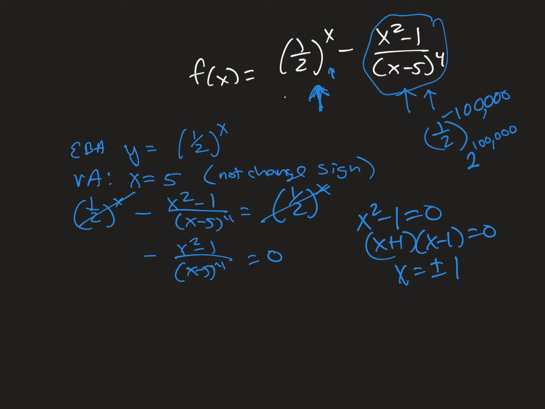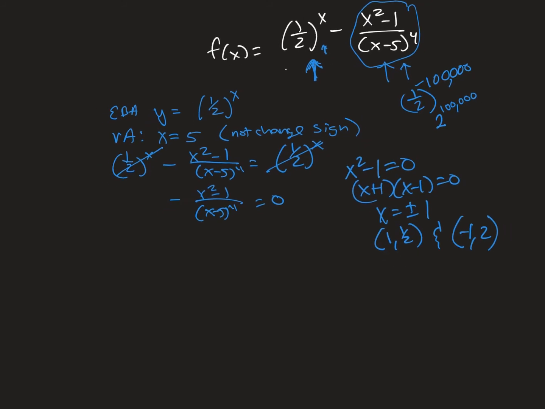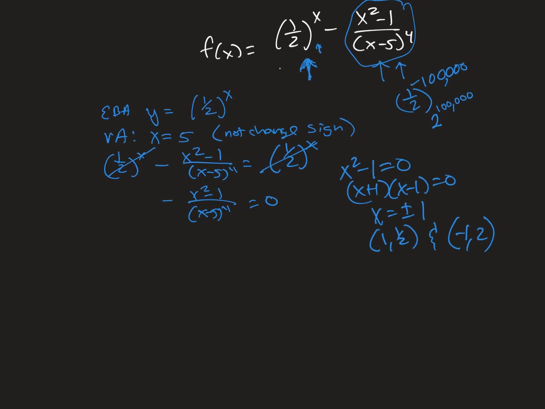All right, and let's just find the whole point. So when I plug in 1, and all I have to do is plug it in, since that's where it's crossing the EBA, I can just plug it into the EBA. When I plug in 1 to 1/2 to the x, it's just 1/2. And the other point is negative 1, 2. Okay, so those are good points to know. The other thing that'll be helpful for my graph is a y-intercept.